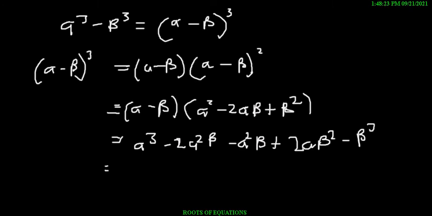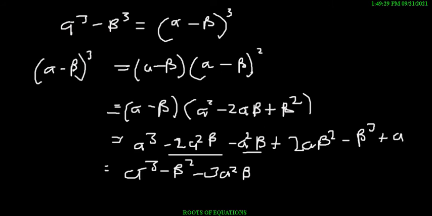So it's going to be equal to alpha cubed minus beta cubed. So we add this and this and it's going to give us negative 3 alpha squared beta. I didn't do alpha times beta squared, so it's supposed to be alpha beta squared here. So then you're supposed to add this and this. It's going to give us 3 alpha beta squared.